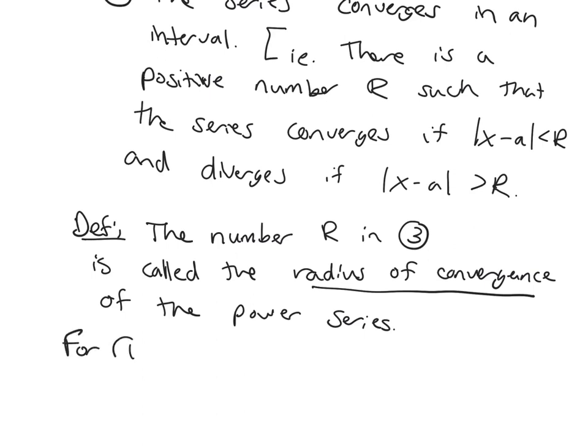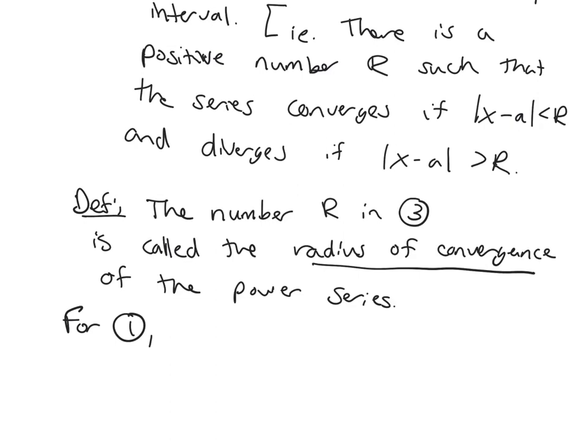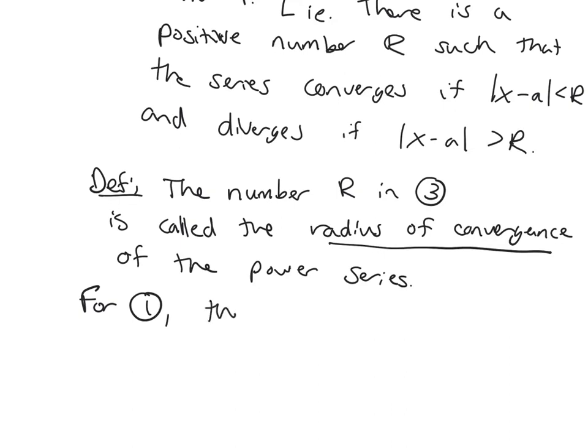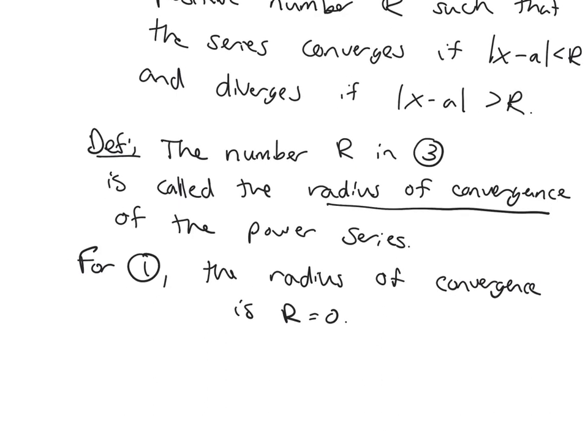So for 1, my series only converges for one value, so we're going to say its radius of convergence is R equals 0. That's just because you have a single value, and if I'm thinking about it on a number line, it's just a single point, so there's no radius. It's centered at a, at whatever your converging value is.